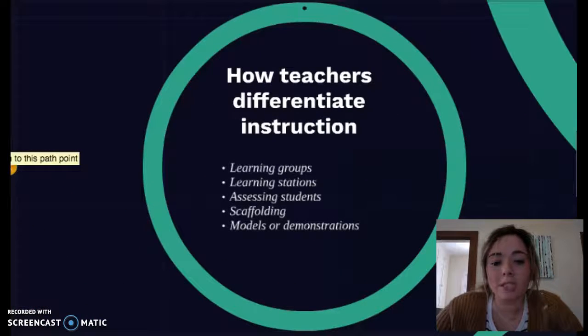So how teachers differentiate instruction, they can use things like learning groups or learning stations. In these learning groups, students are grouped together by their interests or what they like to do, favorite activities, what they learn best with.